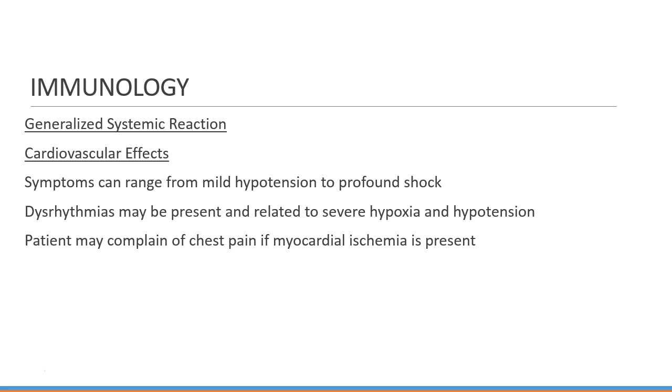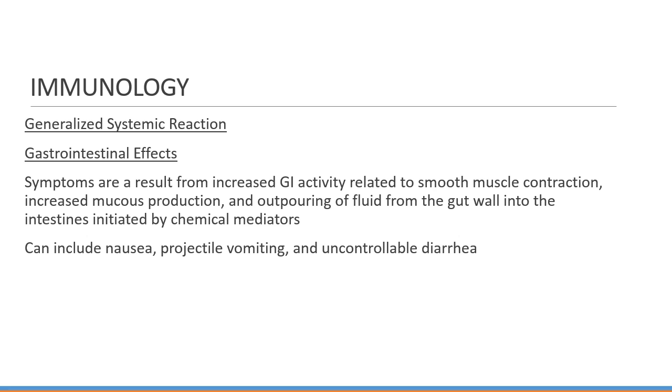Cardiovascular effects can range from mild hypotension to profound shock. Dysrhythmias may be present and related to severe hypoxia and hypertension, and a patient may complain of chest pain if myocardial ischemia is present. Symptoms in the GI system are a result of increased GI activity related to smooth muscle contraction, increased mucus production, and the outpouring of fluid from the gut wall into the intestines that are initiated by these chemical mediators.